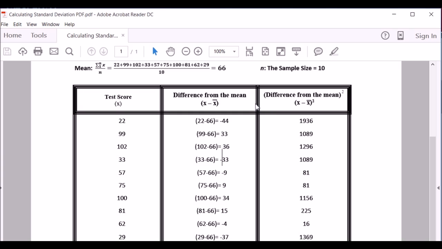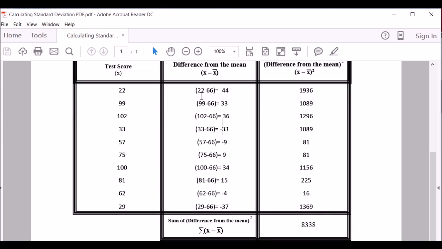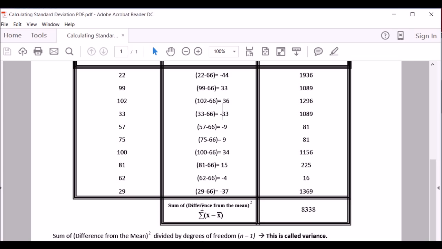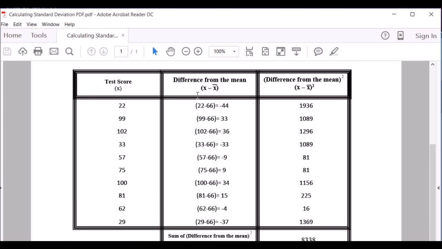Sometimes you see the summation form, which is right here: the sum of the difference from the mean squared. What that means, this fancy notation that you see in all sorts of textbooks everywhere, is you take the actual grade or value, subtract it from the mean, then you get all these values here.